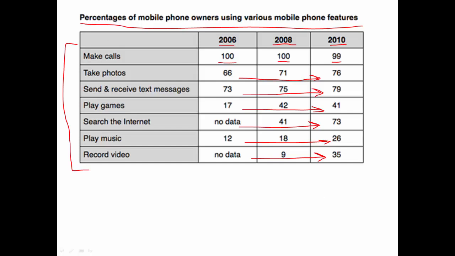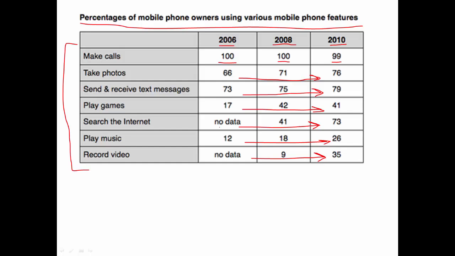Making calls was the most significant, but all of the others, 1, 2, 3, 4, 5, 6, they all go up. And we don't need to say take photos went up, play games went up, search internet went up, record video went up. We don't need to do that. We just say, apart from making calls, all other features increased between 2006 to 2010. So that's 2 things that we have.